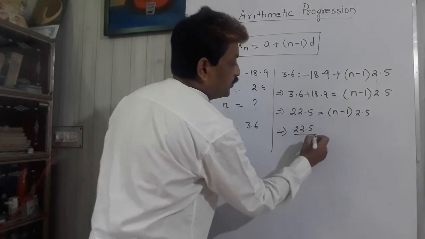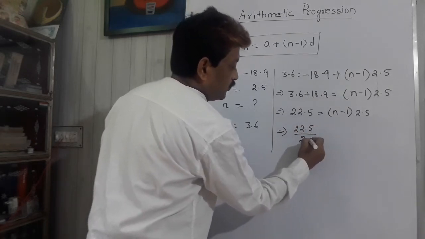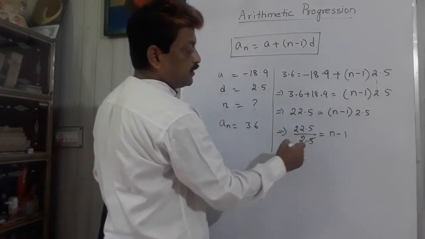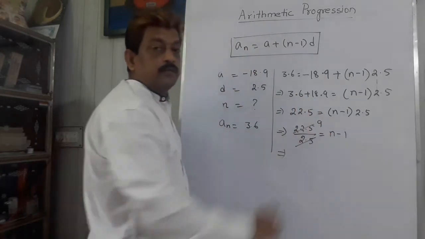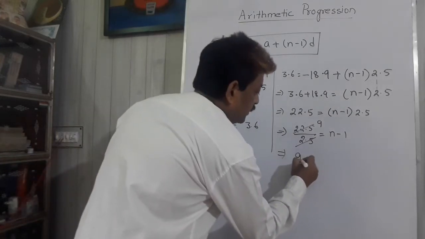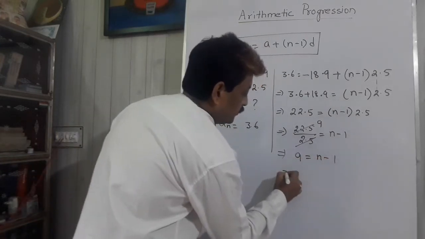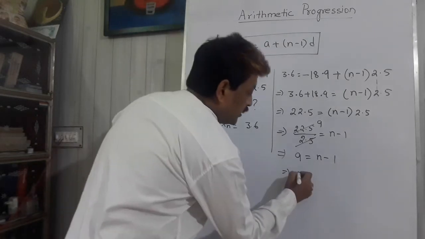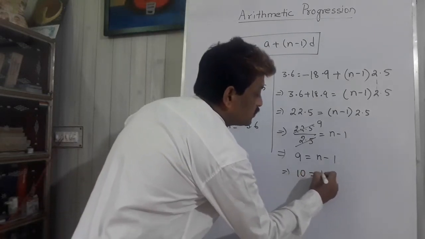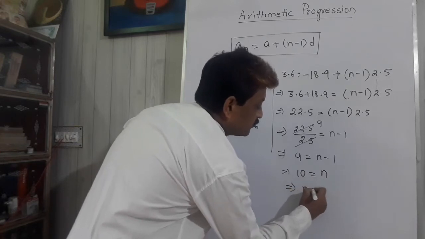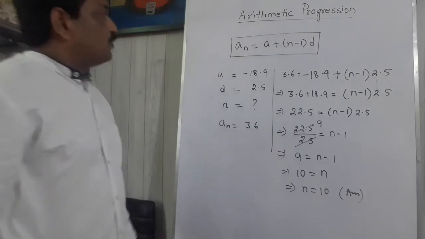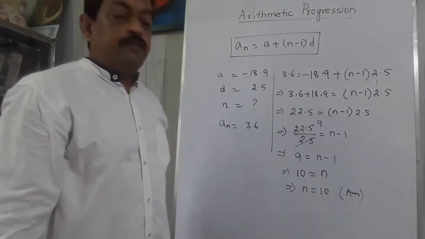So 22.5 divided by 2.5 equals n minus 1. If we go for division, we will find it is 9. So 9 equals n minus 1. Then minus 1 will come to this side and become plus 1. So 9 plus 1 is 10, equals n, or we can say n equals 10 is the answer. Understood? So in this way we can calculate any value.